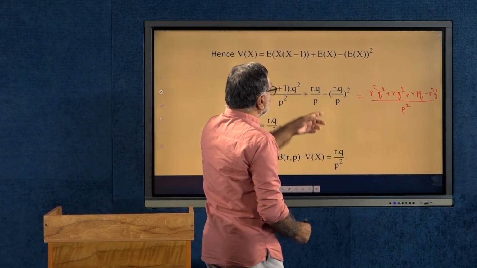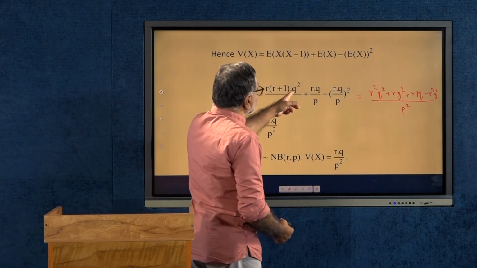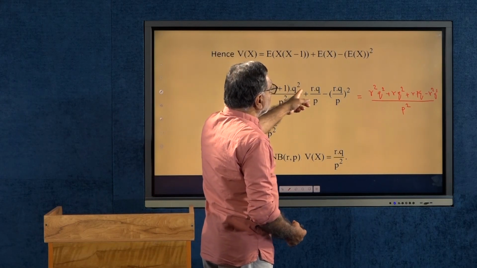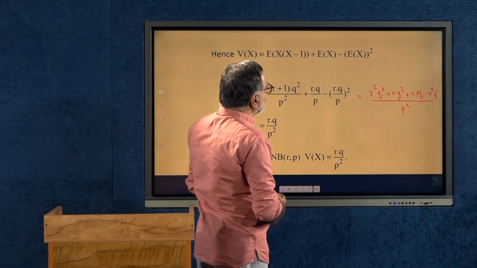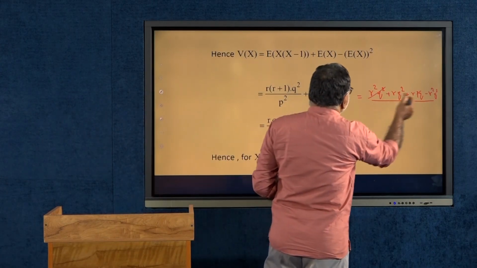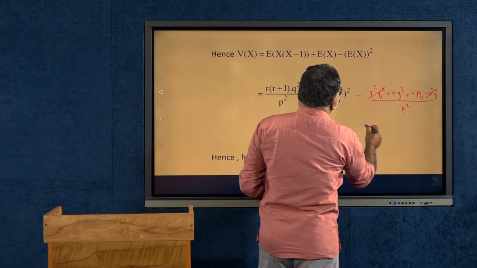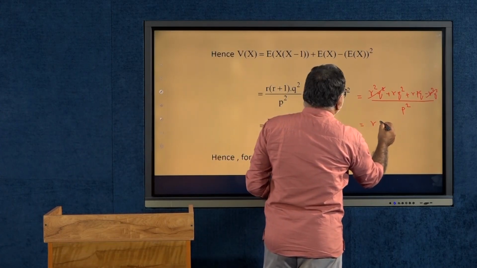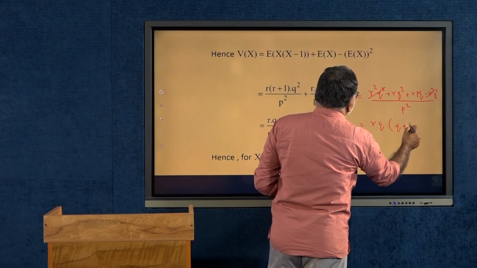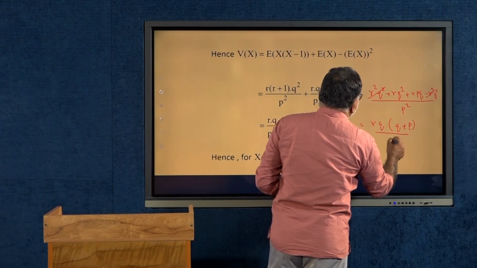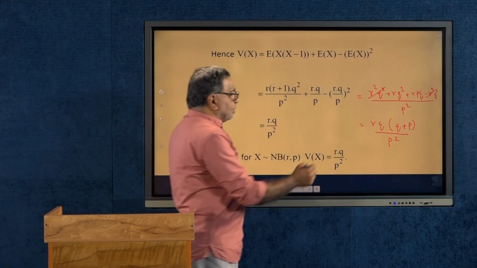Taking p square common, this becomes r square q square plus r q square plus r q into p, minus r square q square. So this will be cancelled, and this is equal to r q is common, q plus p, divided by p square, and q plus p is equal to 1.